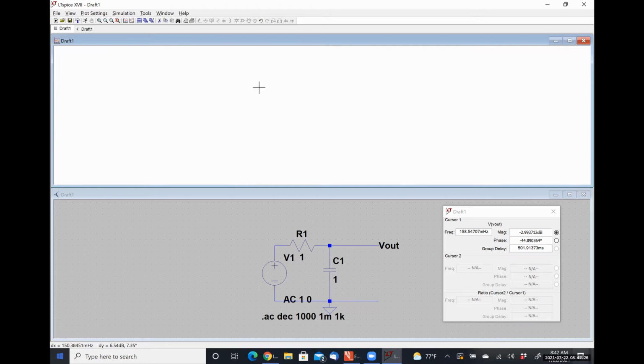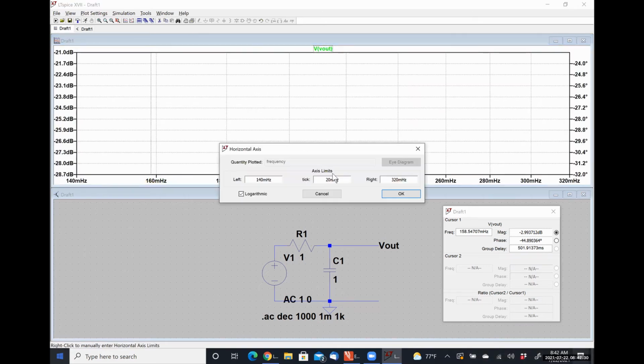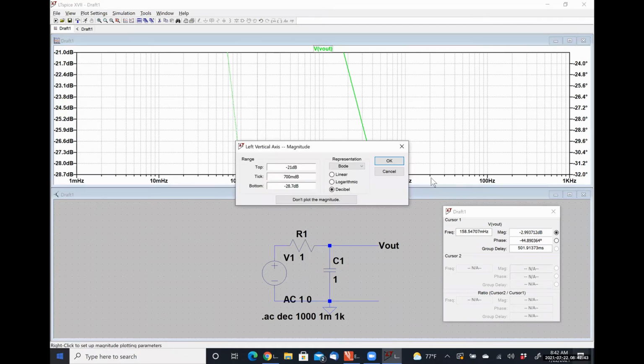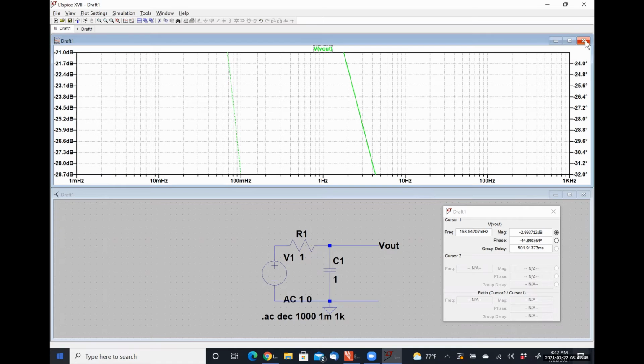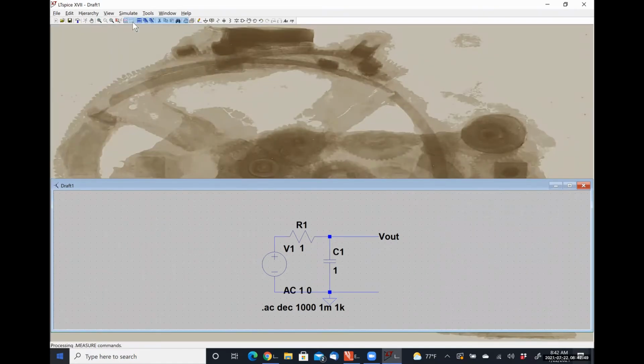Oops, that's not what I wanted to do. It'd be easier to just run the simulation again than try to fix that.